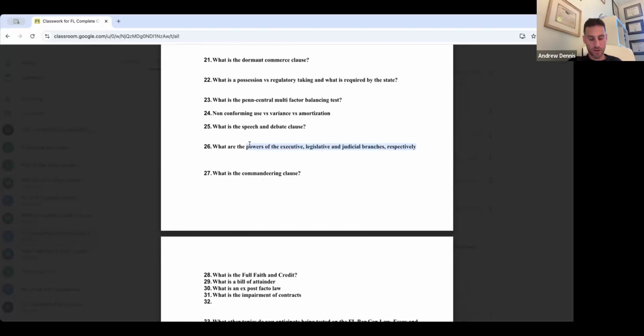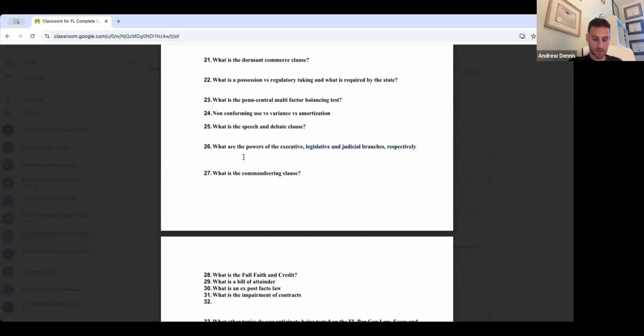They're the ones who determine the constitutionality of laws. The legislative branch, they're the ones who make the laws. The executive branch, they're the ones who carry them out. Look for, like, a statute that gives the mayor the authority to impose fines or punishments, right? That's kind of encroachment on the judiciary branch. So separation of powers is an often missed issue by students on con law.